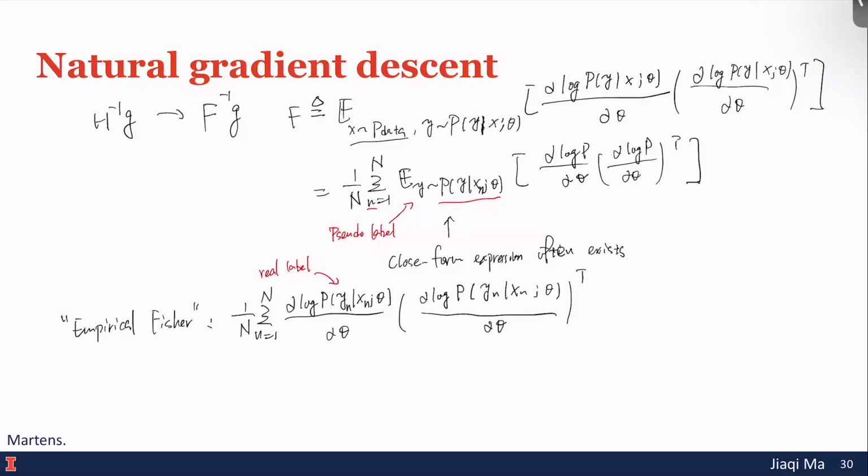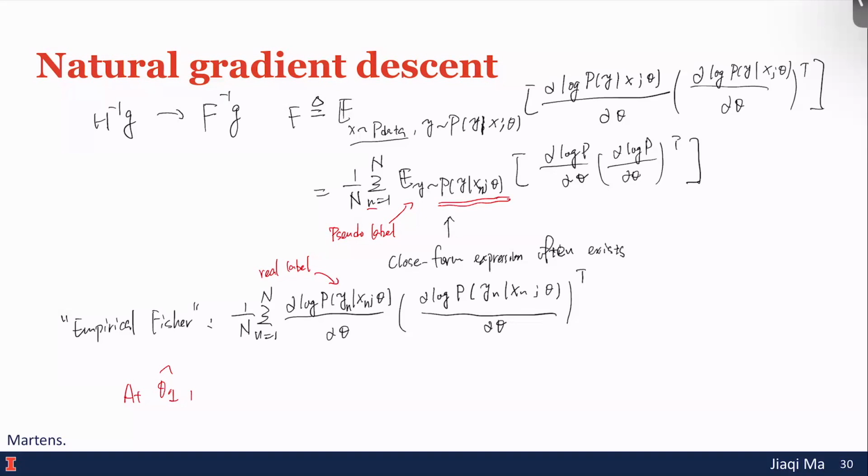So that's the major difference. In the original natural gradient descent, we should really use the feature instead of this empirical feature. But in the case of the influence function, because we are always evaluating at theta hat, as a learned model, the real label usually has high probability under the model distribution, especially for complicated models like neural networks. We usually overfit the training data, right?